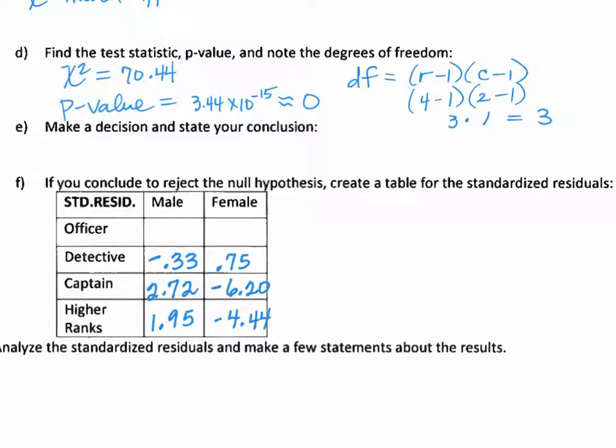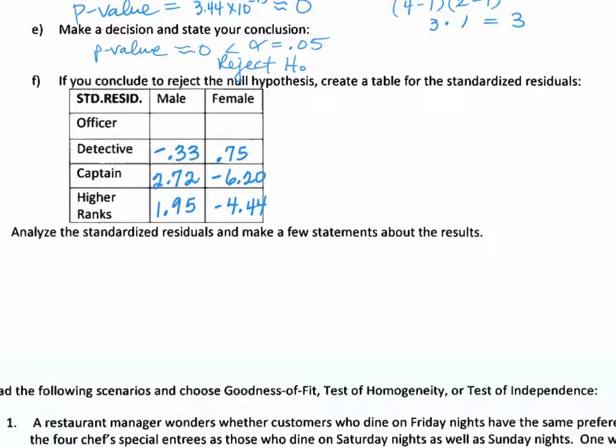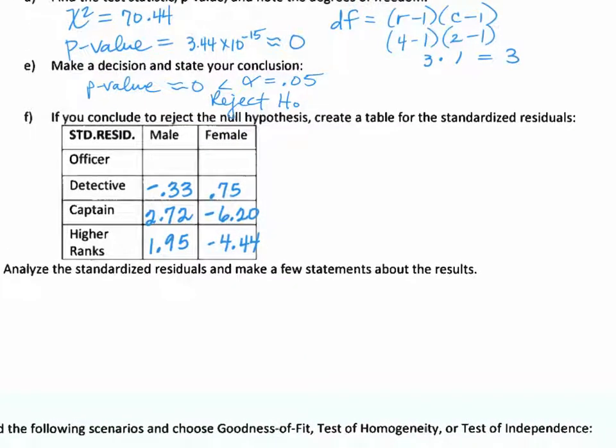So let's make a decision. Since our p-value, which is approximately 0, is less than alpha of 0.05, what will we do? We will reject H0. And since we are rejecting, we have evidence. Let's make our little note. We have evidence of what?